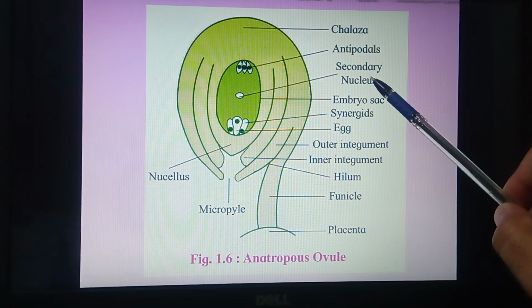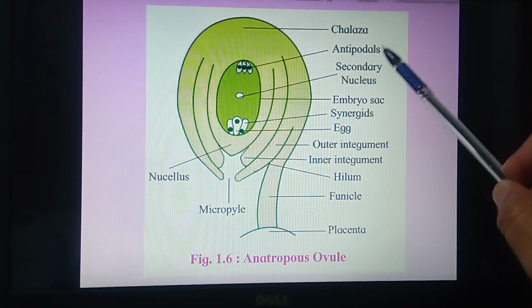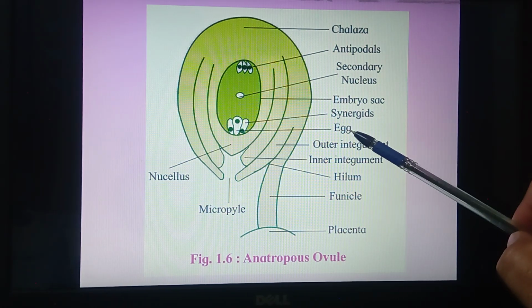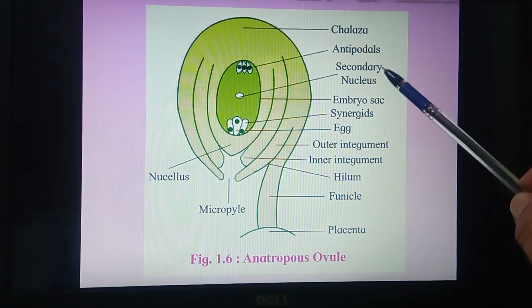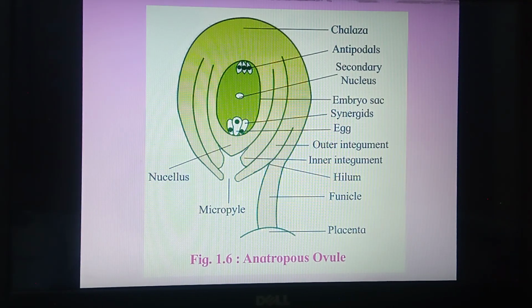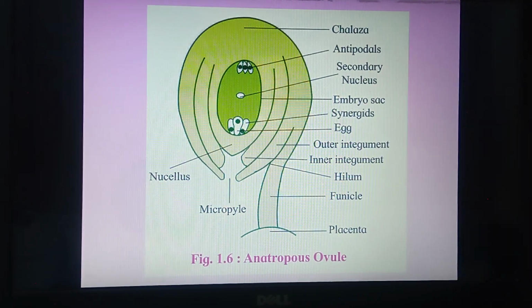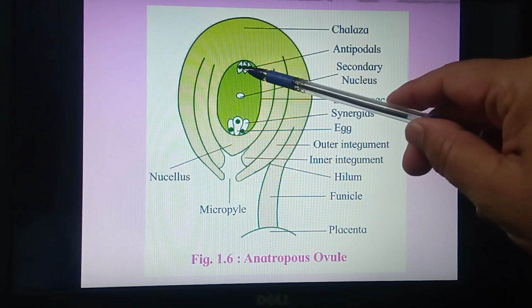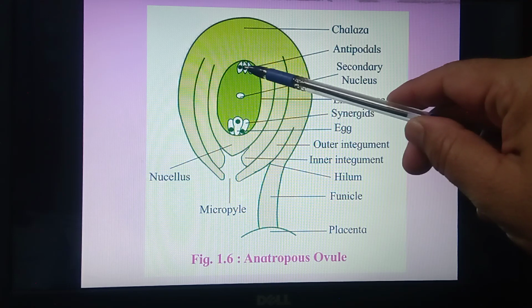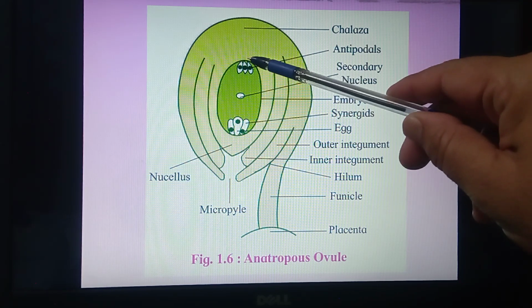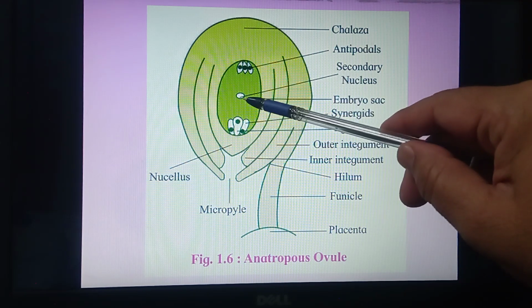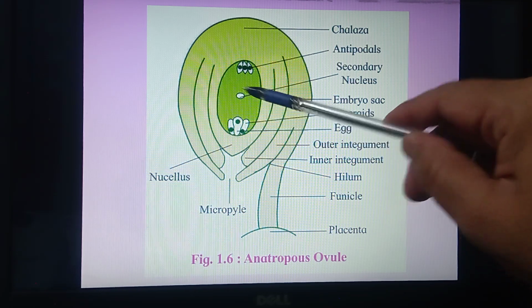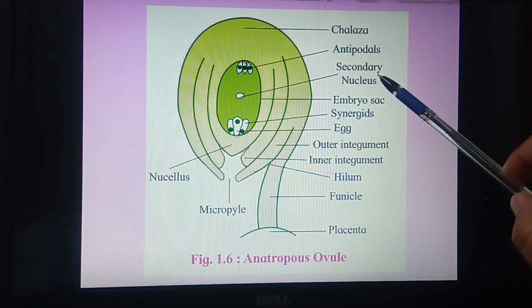Secondary nucleus is diploid. Antipodal cells are haploid. Synergids as well as egg are also haploid, but the secondary nucleus is diploid. Because this secondary nucleus is formed by cells that each came from one pole, from the upper pole as well as from the lower pole. So these two cells are fused together to form a secondary nucleus.